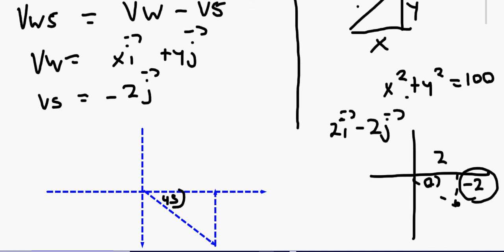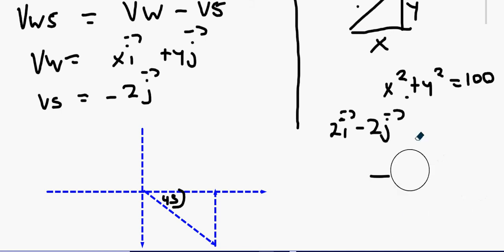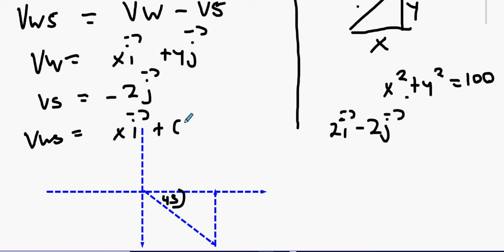So in this question, Phi WS, which is what you're experiencing, is xi plus y minus minus will make it a plus, so this is x and this is y plus 2. But as we discussed earlier, this is a problem.